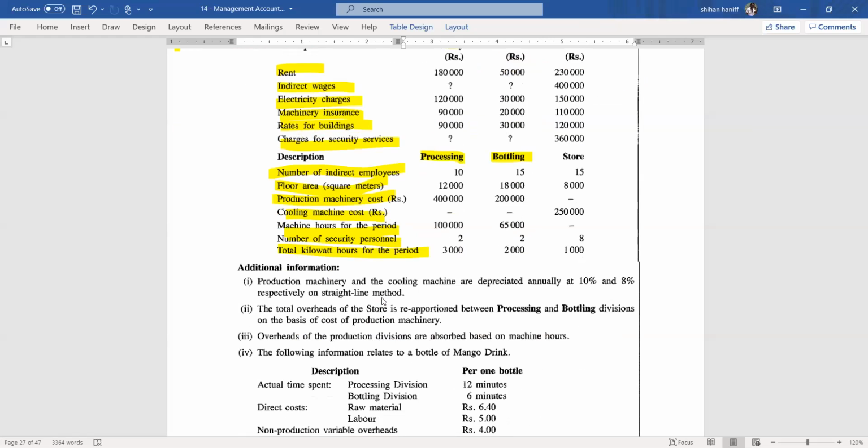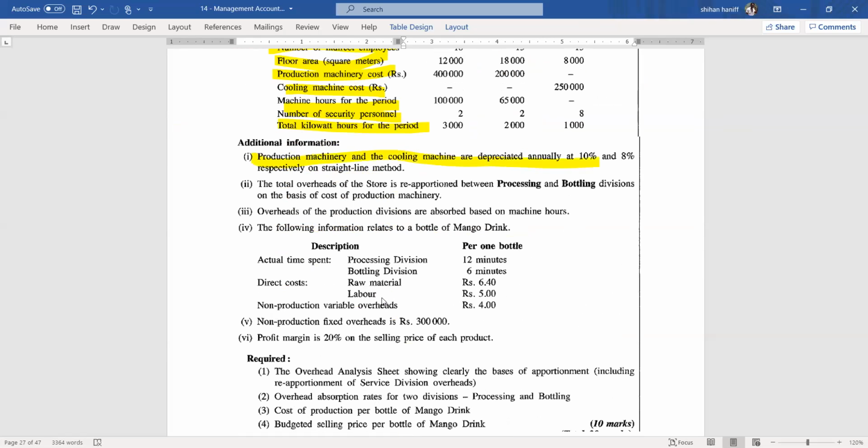Additional information: production machinery and cooling machine are depreciated annually at 10% and 8% respectively on straight line method. The total overheads of the stores is reapportioned between processing and bottling divisions on the basis of cost of production machinery. Overheads of the production divisions are absorbed based on machine hours. The following information relates to a bottle of mango drink: actual time spent, direct cost, non-production variable overheads, non-production fixed overheads.